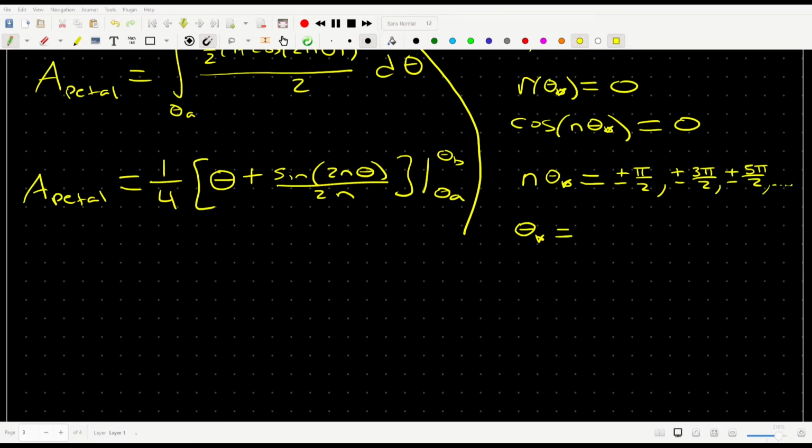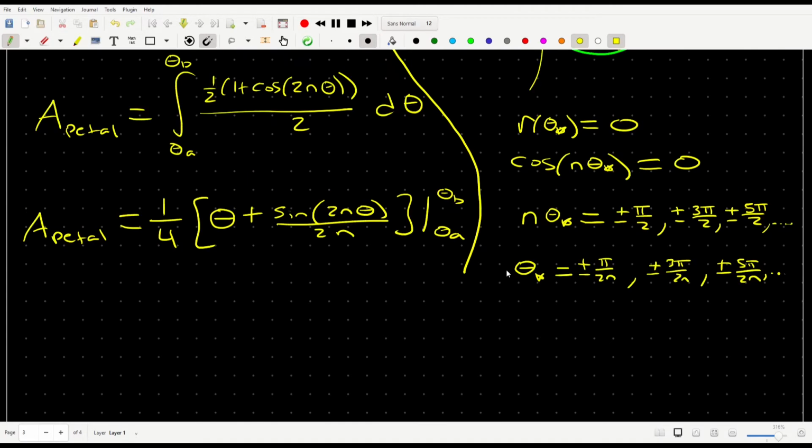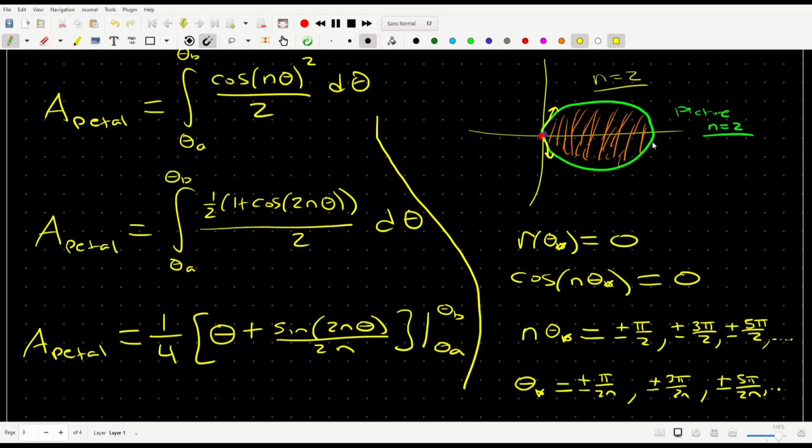So that means that the theta stars that we're looking for are all of the points where theta is plus or minus pi over 2n, plus or minus 3 pi over 2n, plus or minus 5 pi over 2n, and so on and so forth. And so what I want you to do is think about what we've done here.